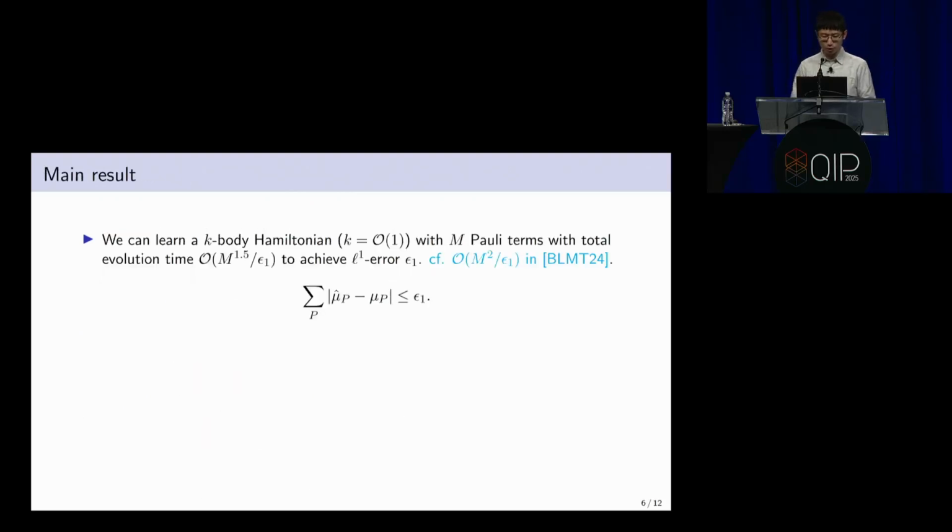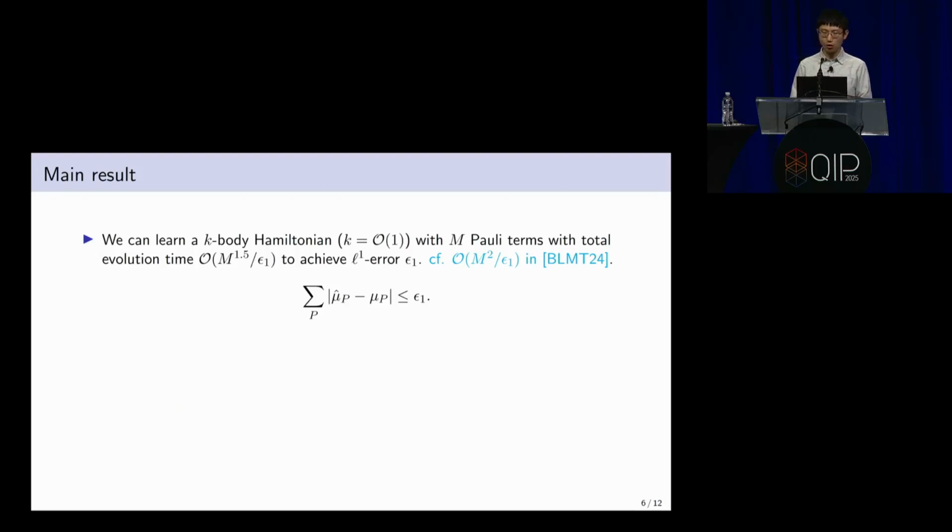So to compare with their result, our result is about learning a k-body Hamiltonian with m poly terms, and we achieve a total evolution time of m to the 1.5 over epsilon 1 to achieve L1 error epsilon 1. So here you can see we're using a different error metric. It's the L1 norm. So previously we considered the max error on all coefficients.